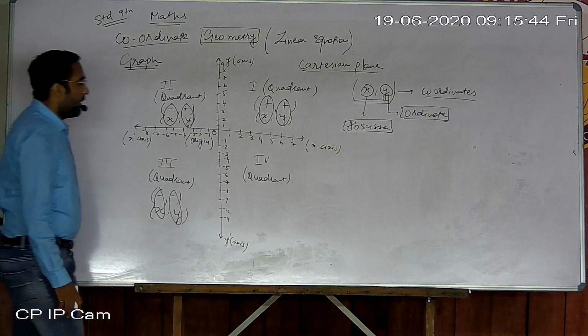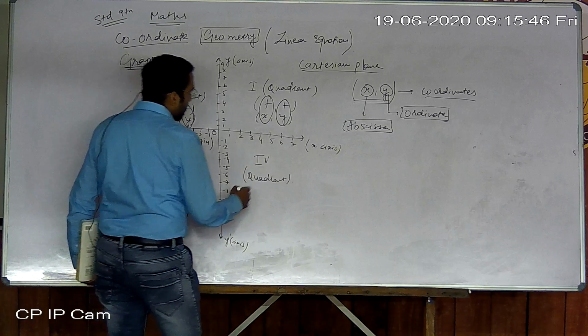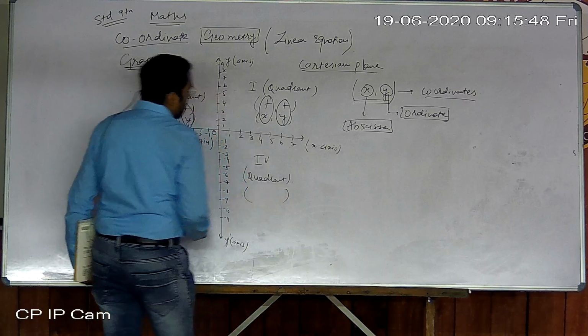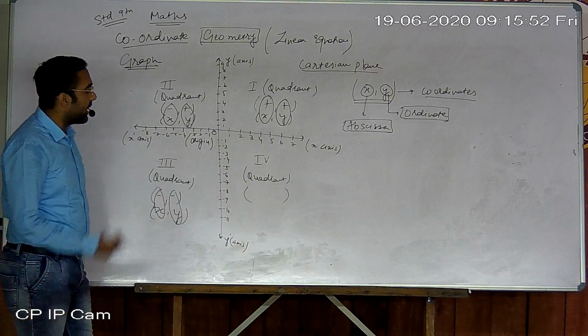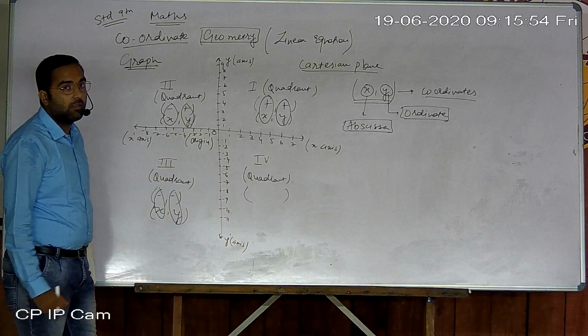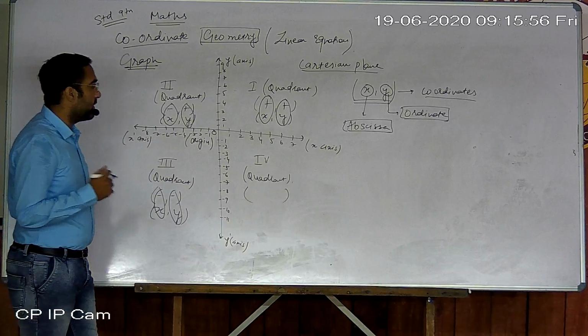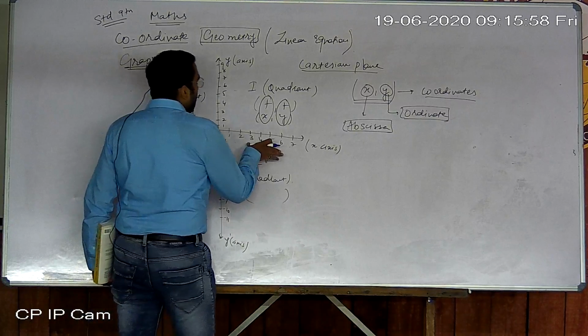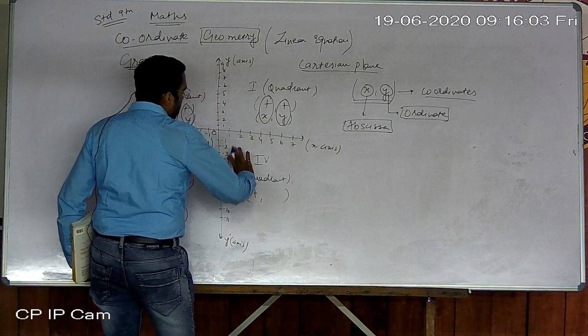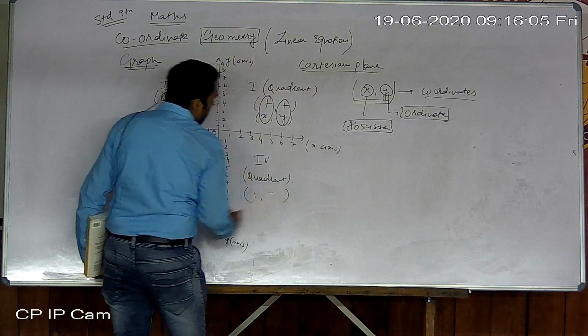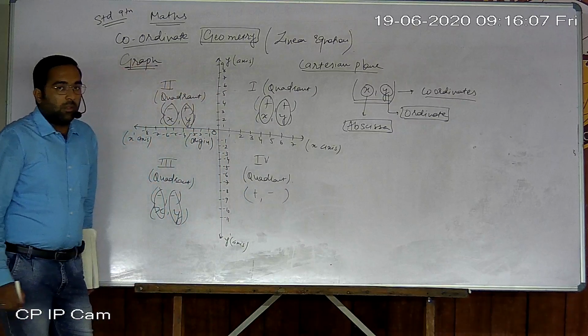Okay. Now for the fourth quadrant, which kind of value do we have to represent here? Please tell fast. Yes, we have to represent a plus value for x and a negative value for y in the fourth quadrant.